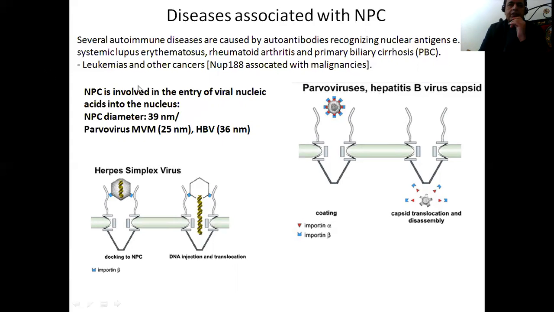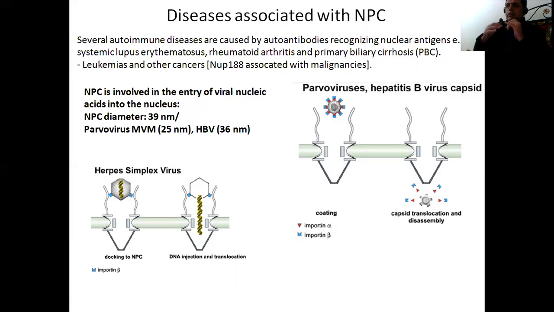Different kinds of cancers, leukemias and other cancers, have been associated with nuclear pore complex proteins like NUP 188. Nucleoporin 188 has been associated with different kinds of malignancies.